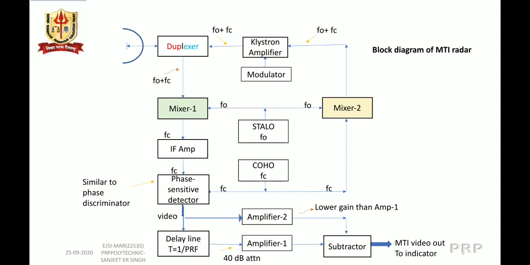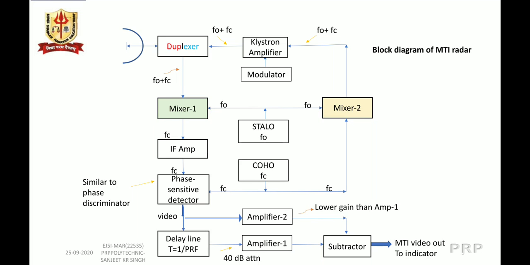Here is the block diagram of moving target indication radar, MTI radar, where we can see there are two mixers, mixer 1 and mixer 2. Mixer 2 is used for generating the signal to be transmitted. The two signals brought to mixer 2 are from the two local oscillators.